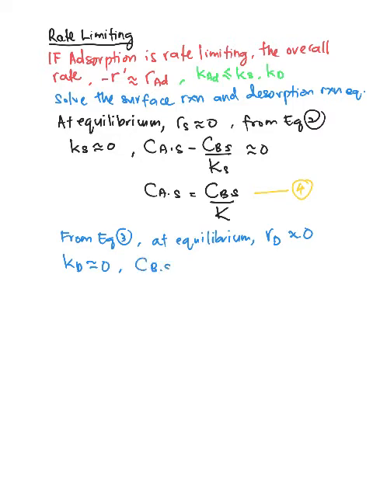So Cb·S minus Kb Pb Cv equal to 0. Then rearrange for Cb·S: Cb·S equal to Kb Pb Cv. Right, so we label it as equation 5.